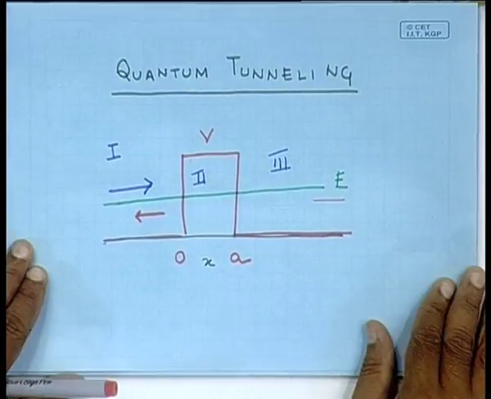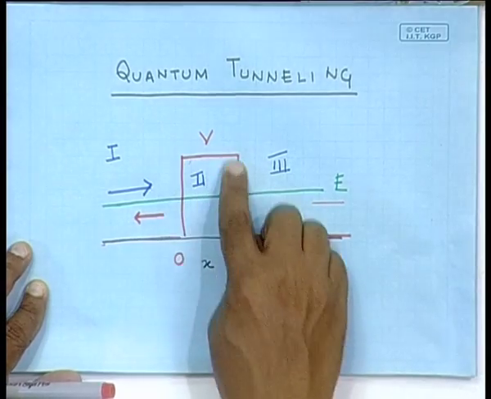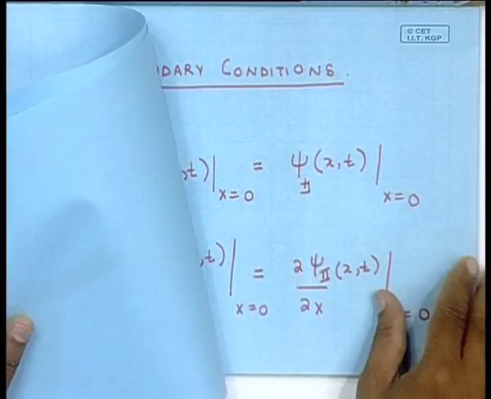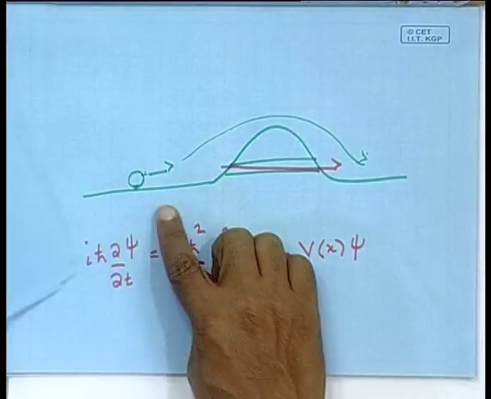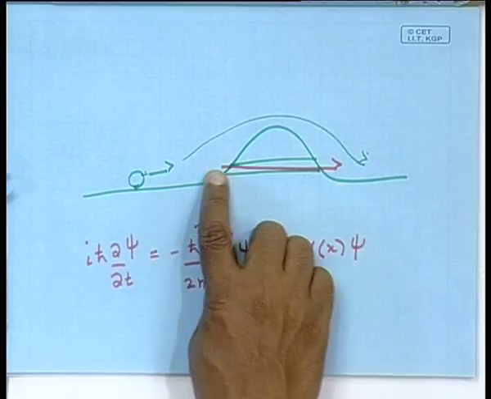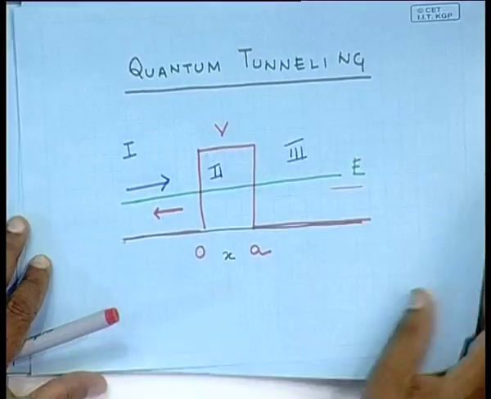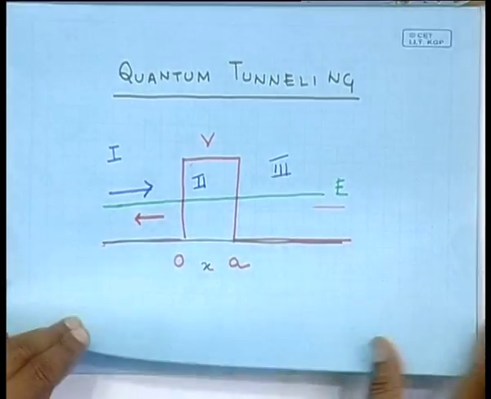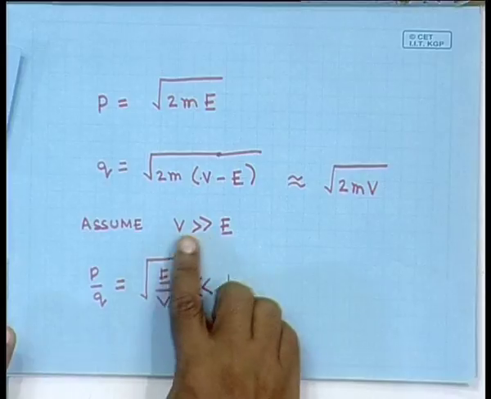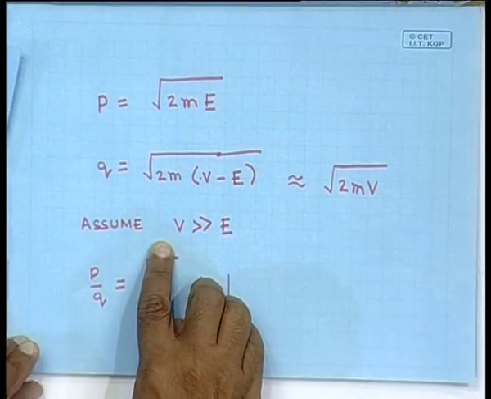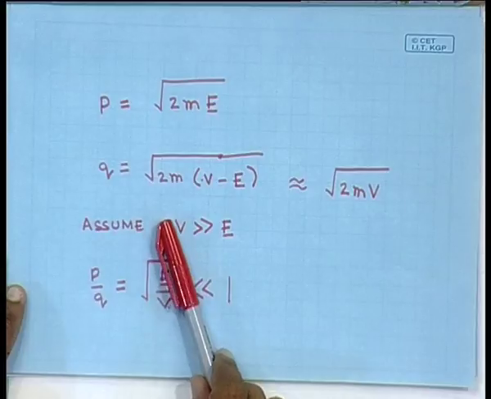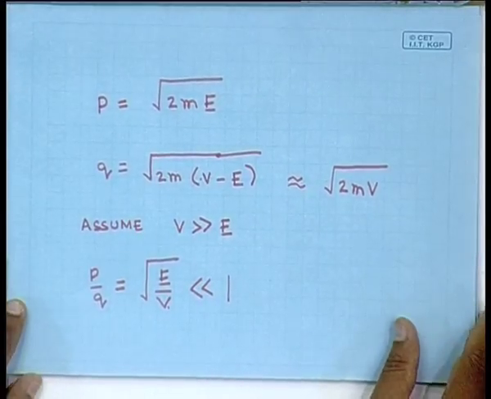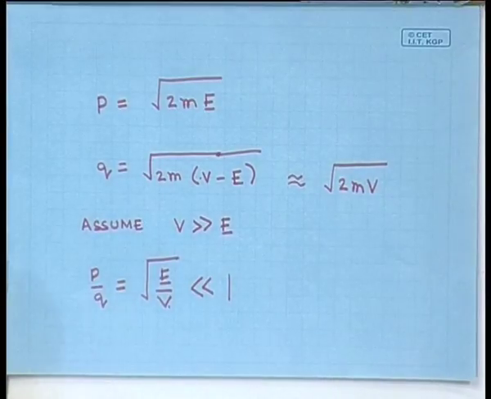It can also be done in a more general situation where we do not have a step barrier, but something more general which looks like this, and the particle has a smaller energy. But for mathematical simplicity, we shall make these assumptions. We shall assume a step barrier, and we shall assume that the energy is much smaller than the height of the potential. So, it is a very high barrier. These two assumptions make the calculation a little simpler.